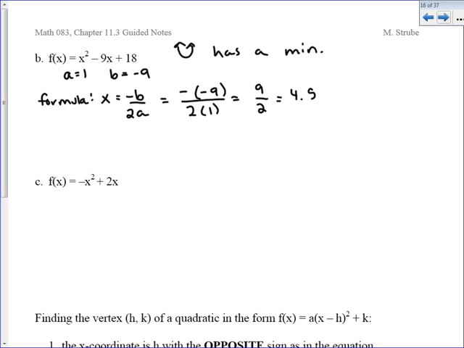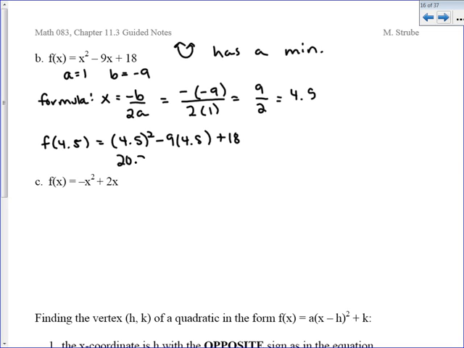But that's just half of my point. That's just the x half. Where do I find the y half? Plug it back in. So we're going to go down into my function and plug 4.5 in for x. So 4.5 squared minus 9 times 4.5 plus 18.